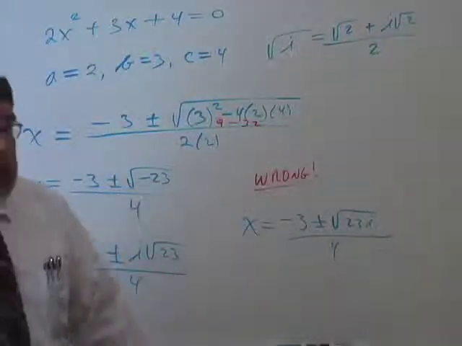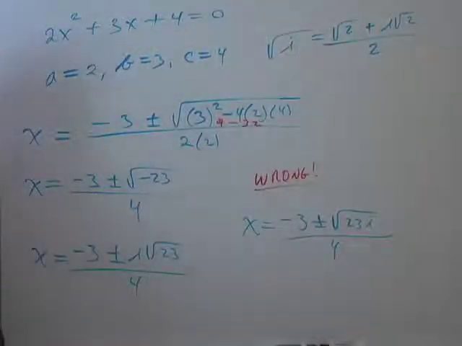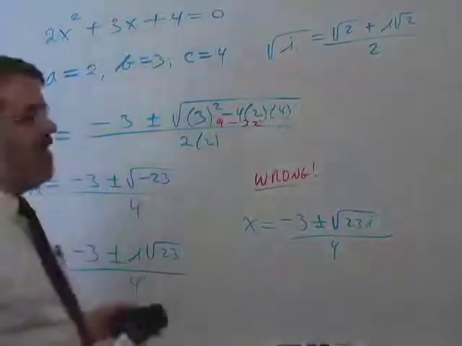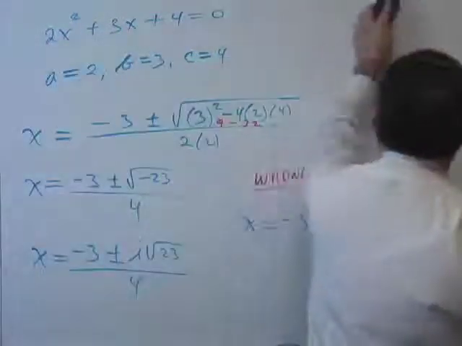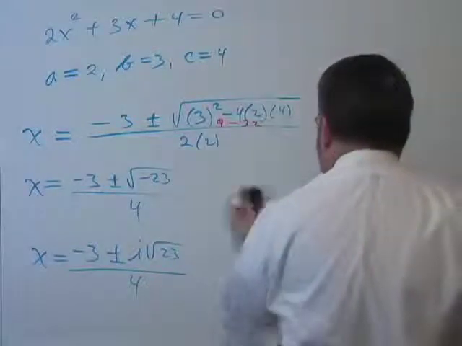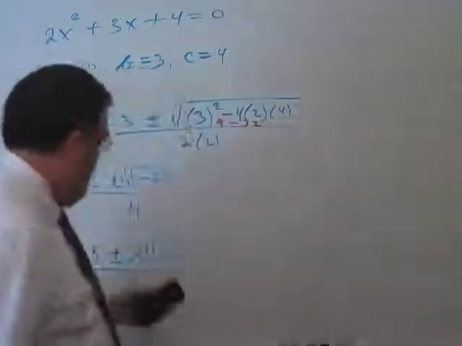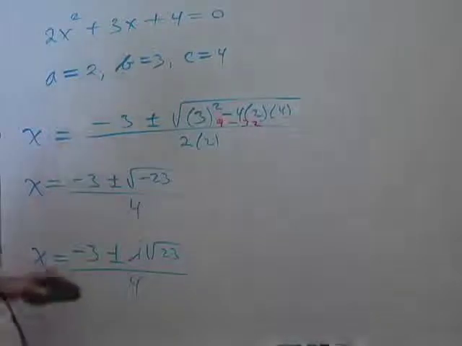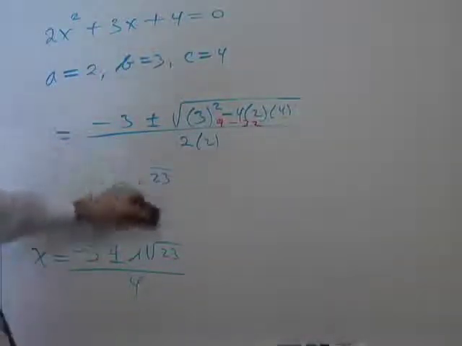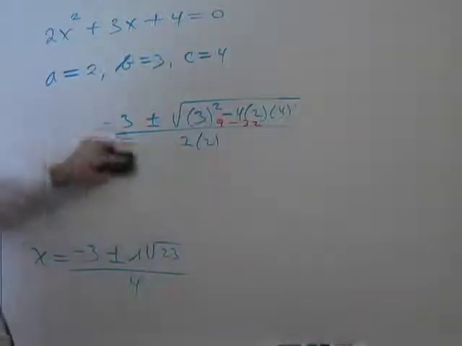So don't do that. My way of avoiding that error is to get everybody in the habit of putting i on the left side of the square root. So we have our answer, and you cannot simplify the square root of 23 anymore. So this is our exact symbolic answer.